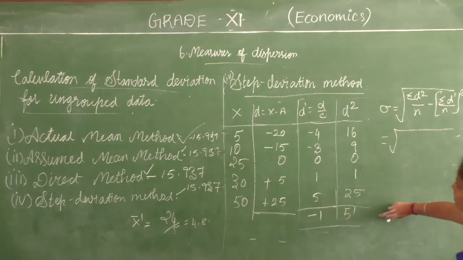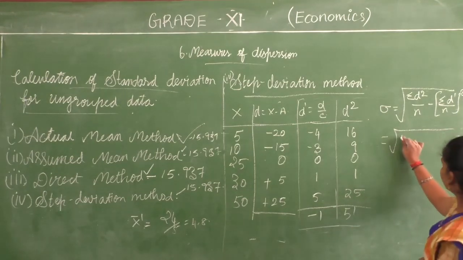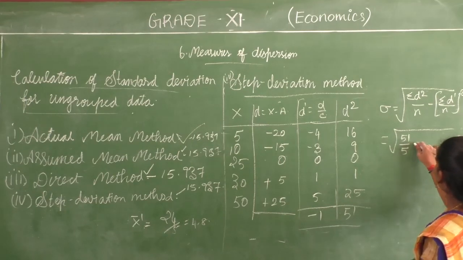So what is your sigma d squared, children? 51 by 5 minus, what.